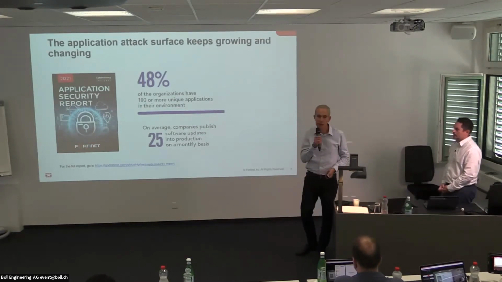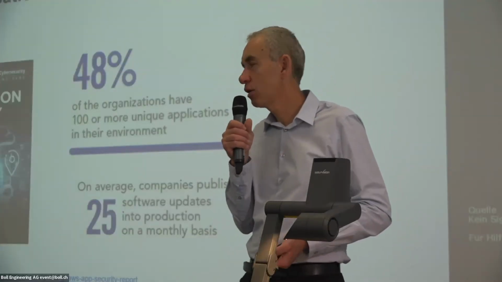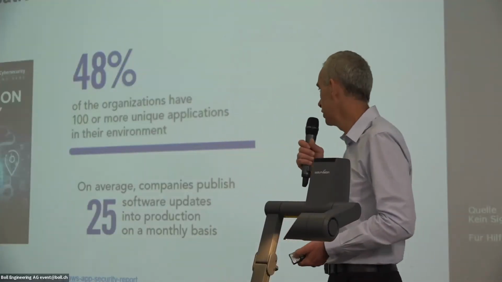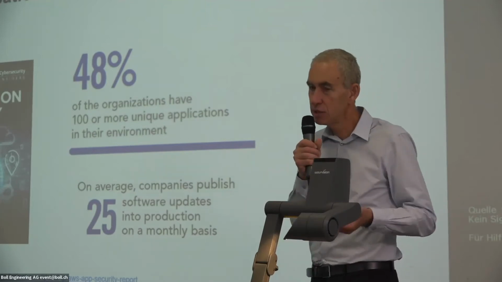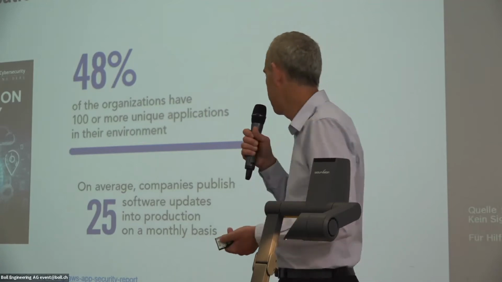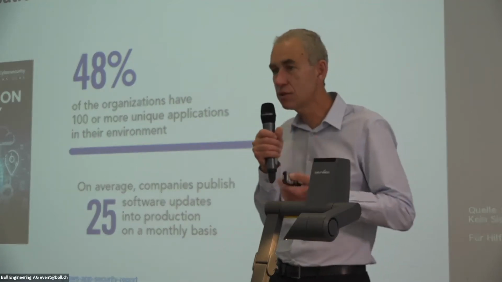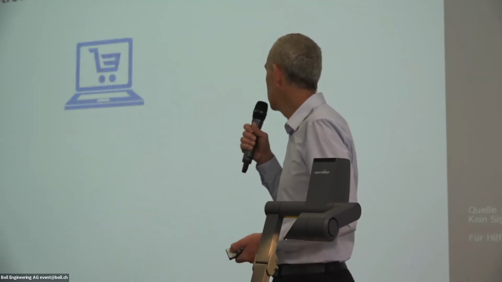You cannot anymore protect these applications with a firewall or standard network protection, and the frequency of going live is more than 25 updates per month for most customers. So this is really key to look into web application security.